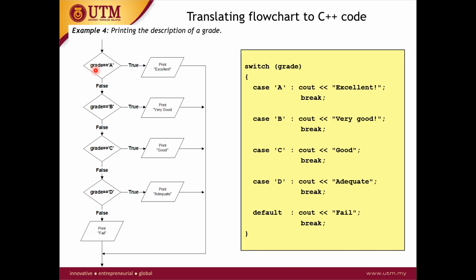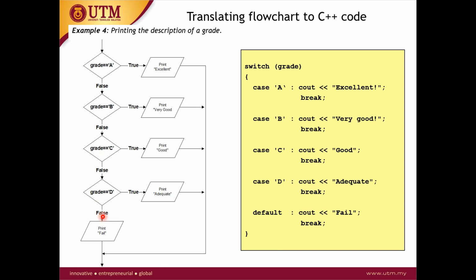So we are saying switch grade. Our variable is grade, so we are evaluating it. At the beginning we are evaluating it against a. If it is true, this one is going to be executed. If it is false, we have another case, so we say case b, and then cout this one, and then break. Case c, case d, cout adequate, and then break.